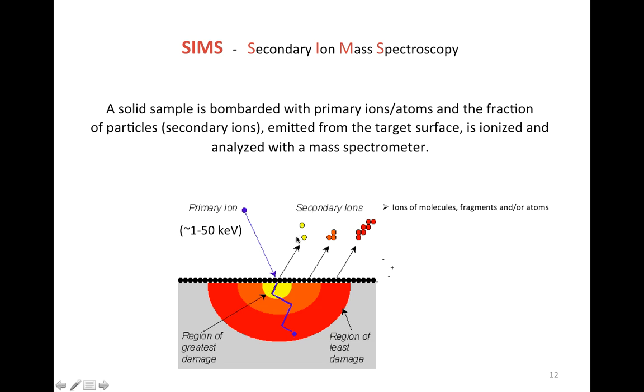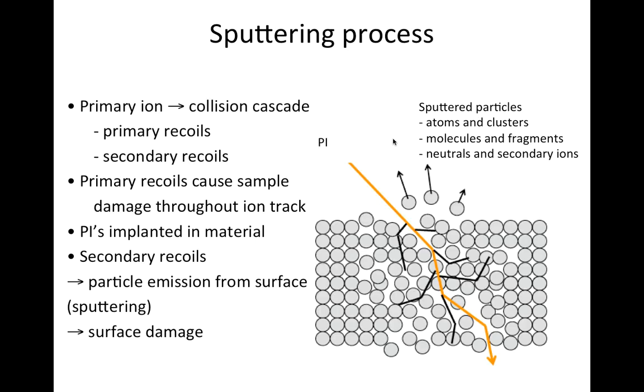You can also eject ions, molecules, fragments, or atoms. Basically, we bombard with primary ions, and the fraction of particles emitted from the target surface is ionized and analyzed with a mass spectrometer. And basically what we are doing is sputtering.